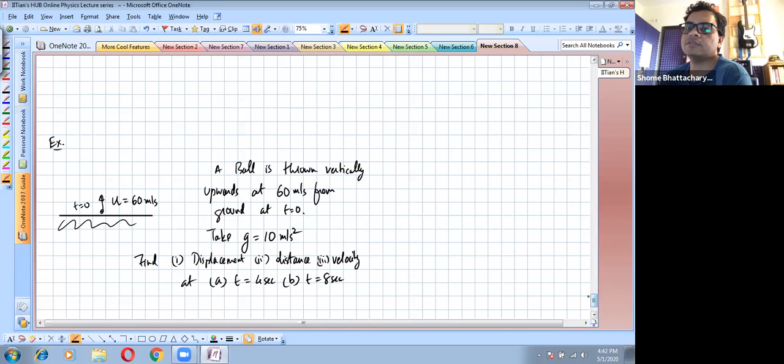And the initial velocity with which we are assuming we've thrown the object is 60 meters per second. So from that and making use of the equations, these are the things we have to calculate. The displacement it has done from 0 to 4 seconds or 0 to 8 seconds. The distance it has traveled from 0 to 4 or 0 to 8. And the velocity it has at the moment t equal to 4 seconds, or the velocity it has at the moment t equal to 8 seconds. So just try this out, people. We'll discuss this next.